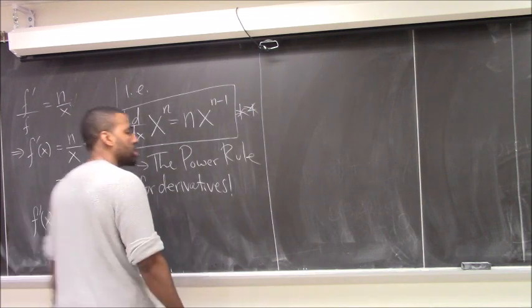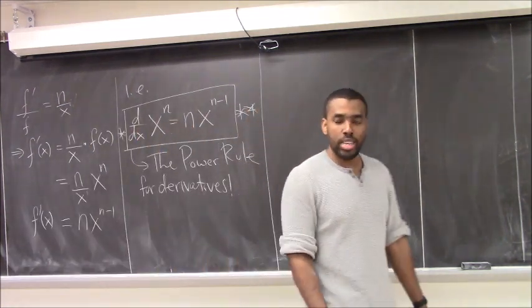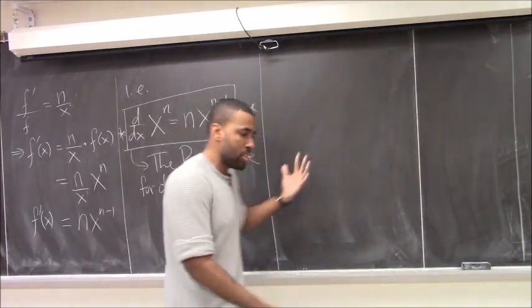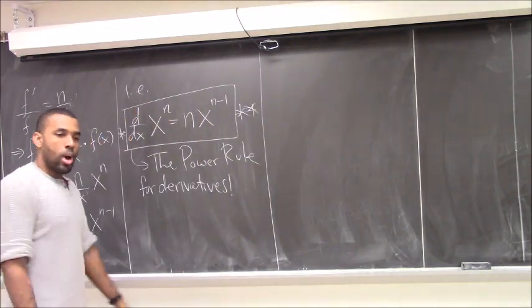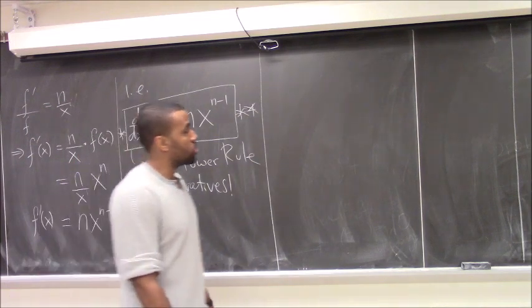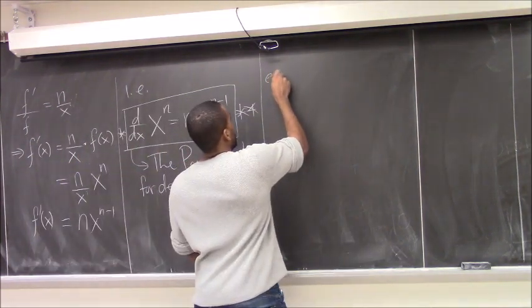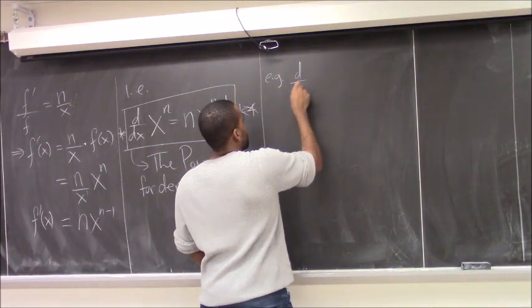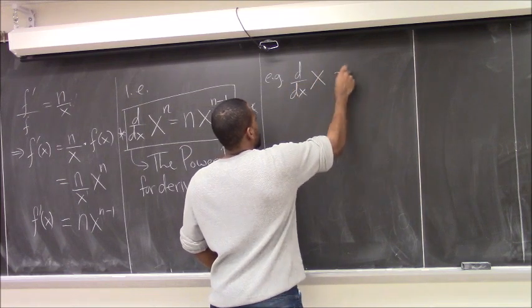What I want to do first is all the examples we already know the answer to, that we proved using the limit definition. It took a while, but now with the power rule we can rederive all these rules very easily. Let's say I have the derivative of x.